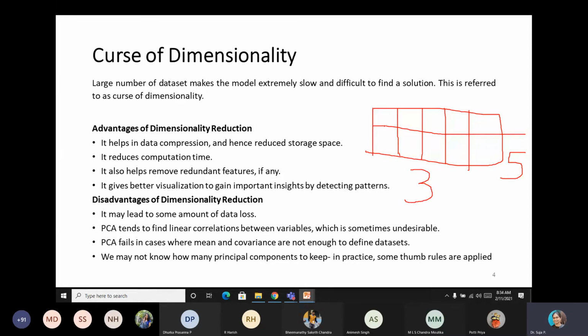What it means is that all the 5 features are put together in some representation and given in 3 columns, in 3 features. That means the contribution of all 5 features will be present in the 3 features.